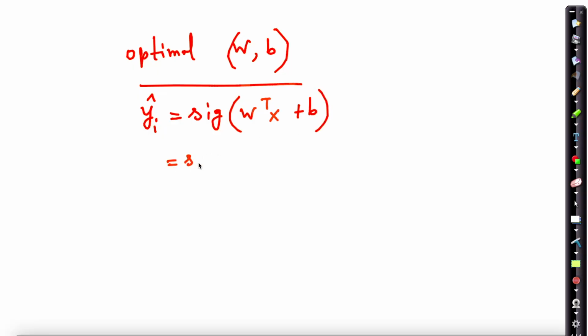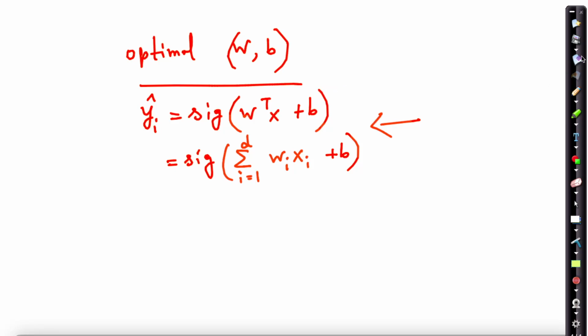We can write it as the summation of i equals 1 to d of wi xi, plus b, given that w is a d-dimensional vector and x is also a d-dimensional vector. This is what we were required to find out, right?